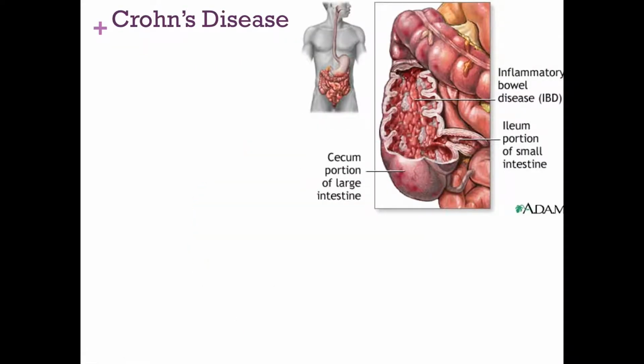So we'll start out with Crohn's. This is a typical chronic inflammatory disorder. In the first couple of chapters of pathology, we learn about chronic inflammation being either nonspecific or granulomatous, meaning that it has the association with the formation of granulomas.